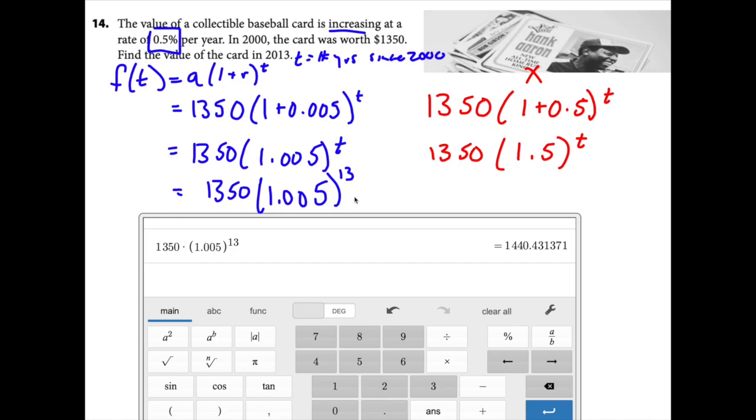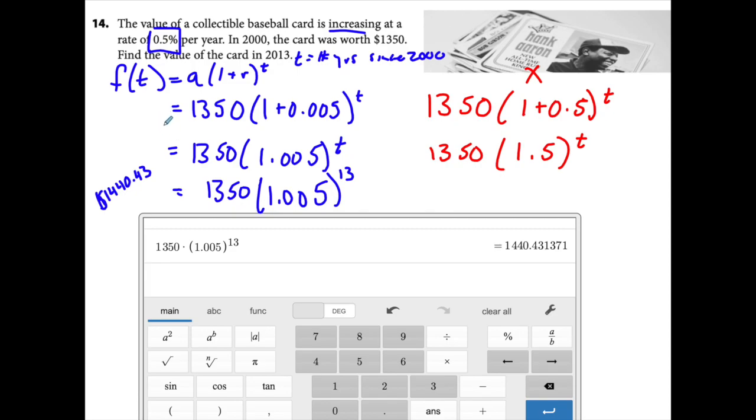What I get is $1,440.43. Correct answer.